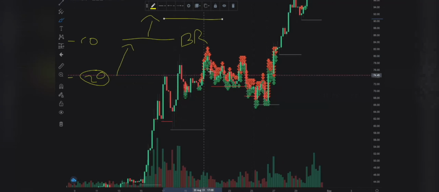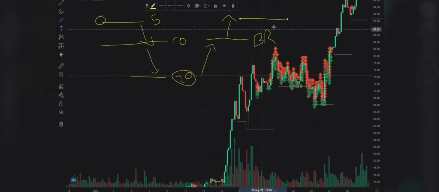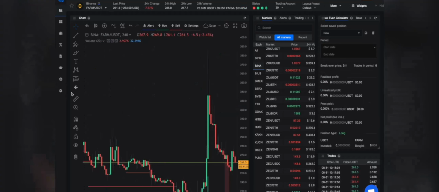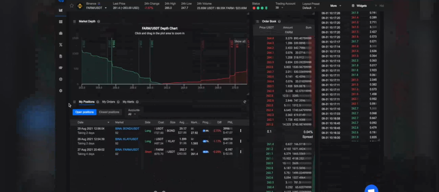As you can see, the amount of trades that were executed here were high in volume, and it was all able to be done using this Martingale strategy. As you can see from the Sol order book, our net profit on this current grid that's running is around $500, and we have positions open in Bond, Clay and Farm currently.